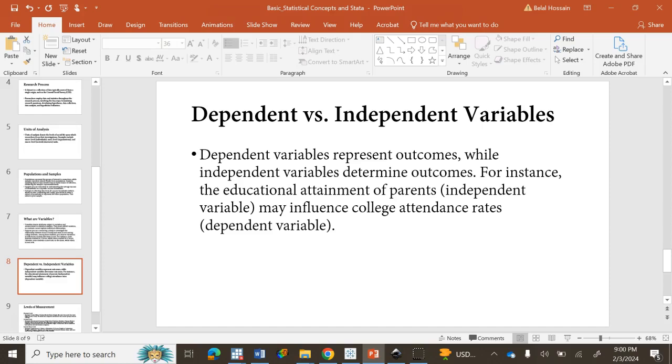What is being influenced is the college attendance, and what is influencing is the educational attainment of parents. So the outcome, or dependent variable, is college attendance. That is the result, that is the effect, that is the outcome. But the cause, or the independent variable, the influencer, is the educational attainment of parents.